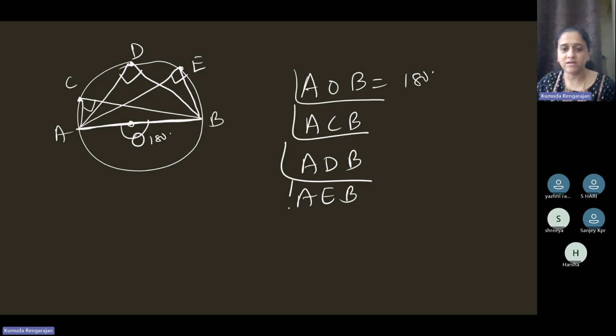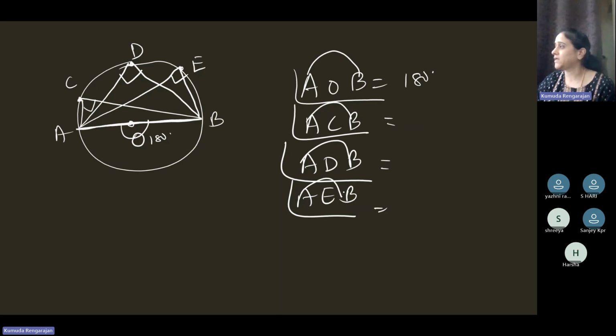AOB is at the center. You can very well make out that all these angles are made by the same arc AB. But this angle is at the center O, while these angles are made on the circumference at 3 different points C, D, and E. Half, 90.